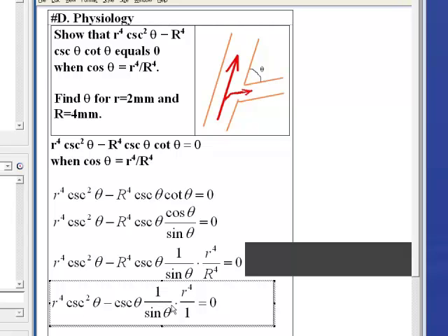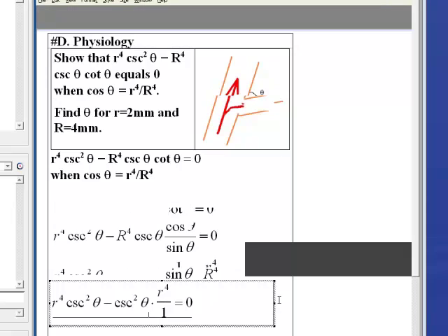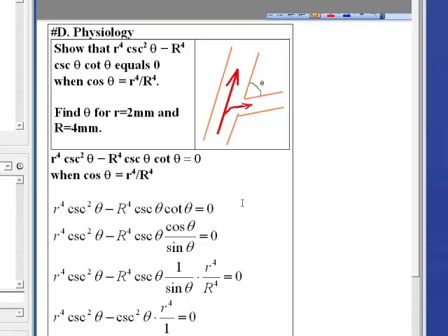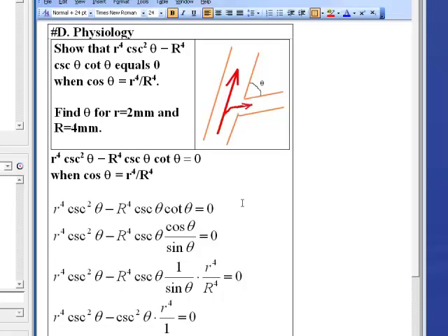This 1 over sine here is the same as cosecant, so I actually have a cosecant squared right there. And then I can look at this one, I can look at this one, and I see that the two are identical, and being subtracted from each other comes out to 0, so that statement is true.